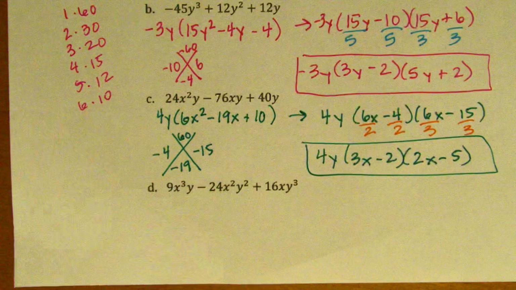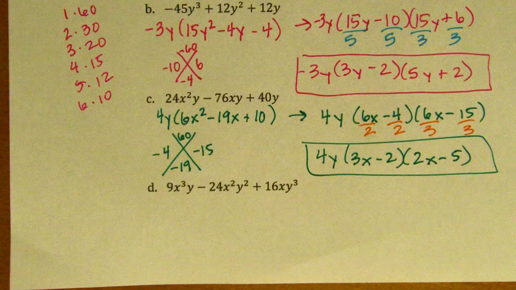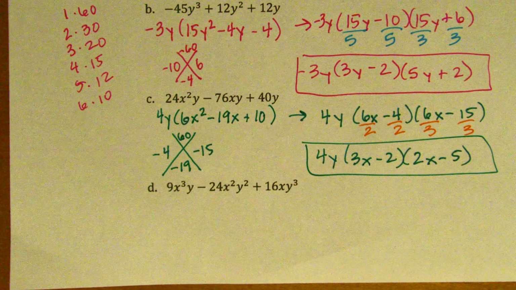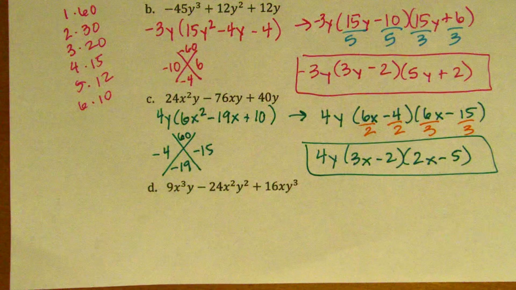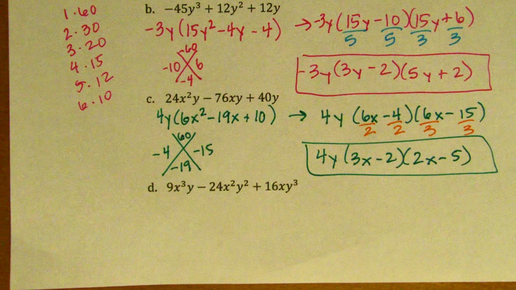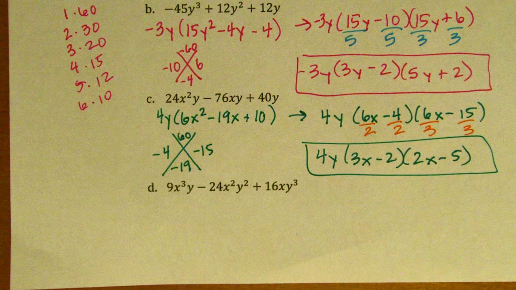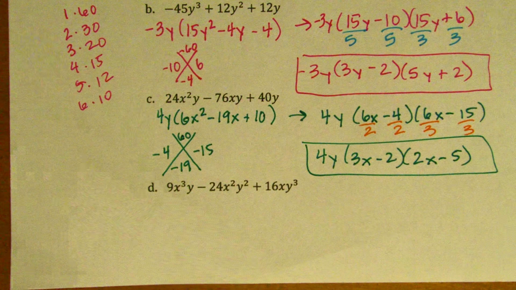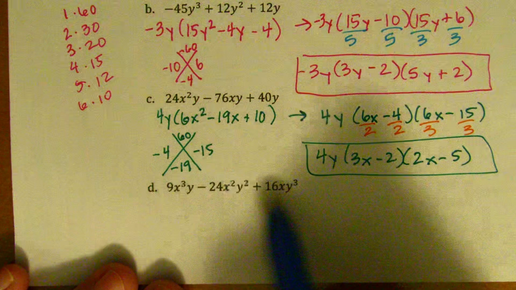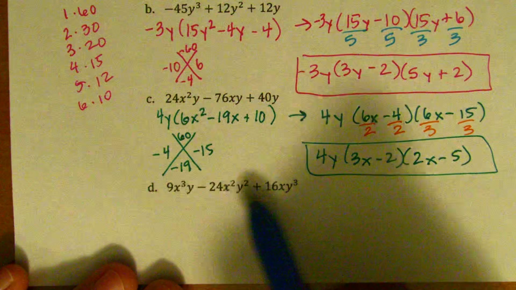One more problem. In this one the variables definitely look more complicated, but the process is still the same. So I still first want to look and see if there's a common factor among all of these terms. 9, 24, and 16 don't have any common factors, but there are common factors of the variable parts. All 3 terms have an x, all 3 terms have a y.